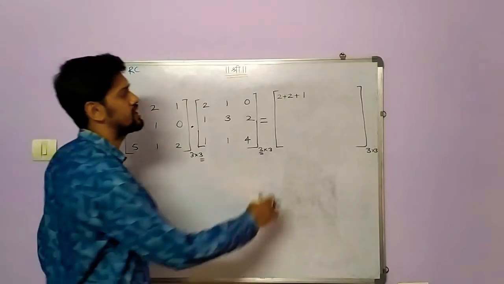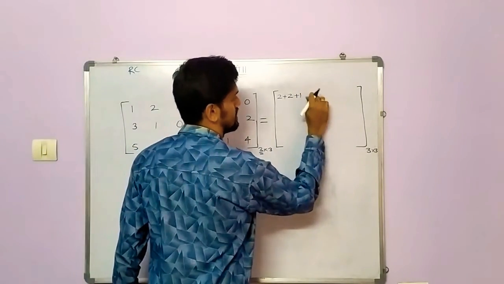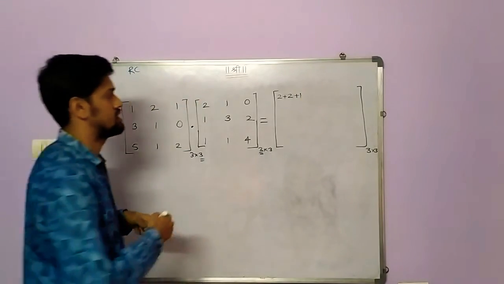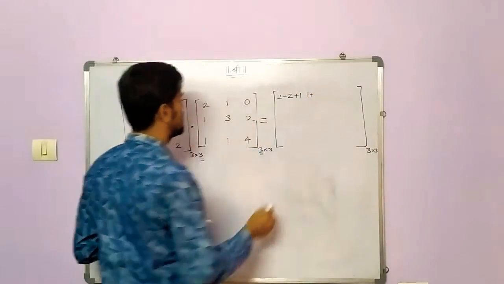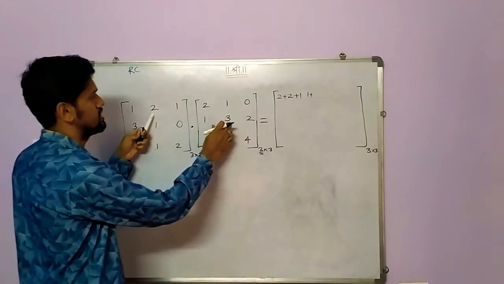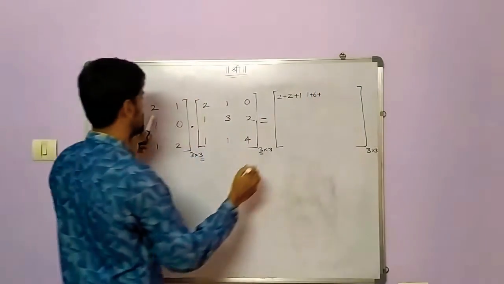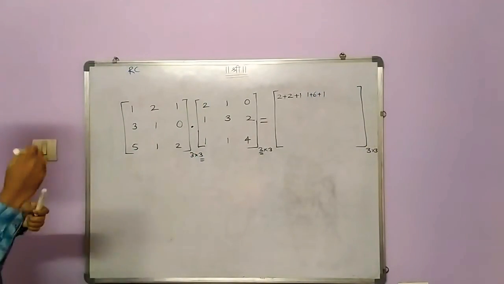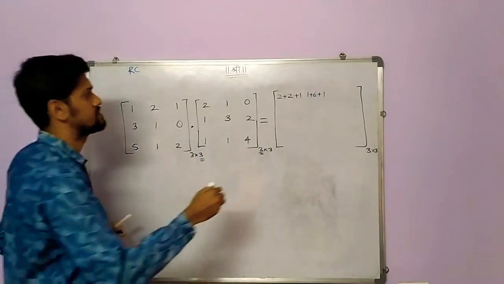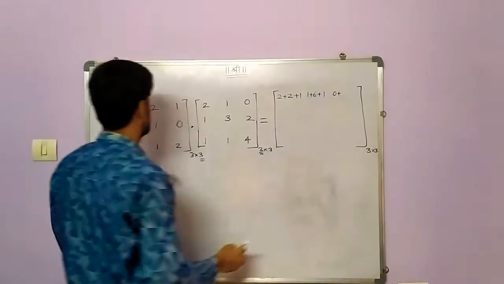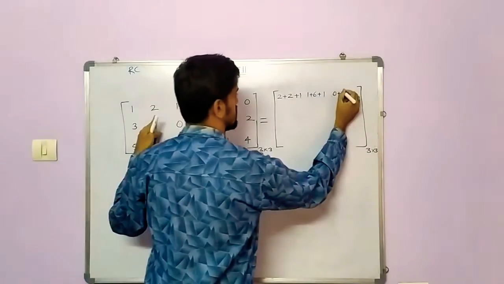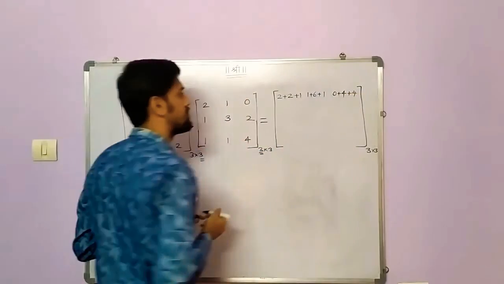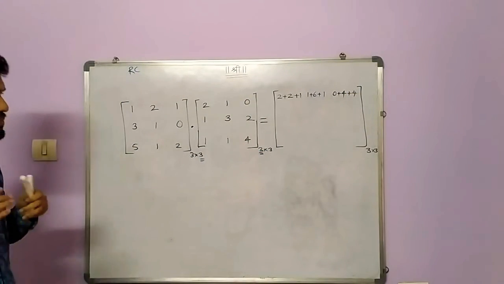Then the next element over here will be 1 into 1, that is 1, plus 2 into 3, 6 plus 1 into 1 will be again 1. The next will be 1 into 0, 2 into 2, 1 into 4. This is how we will continue.